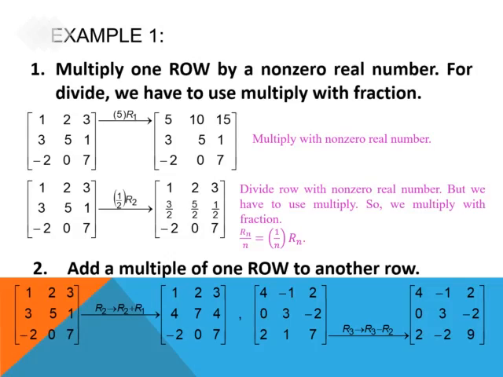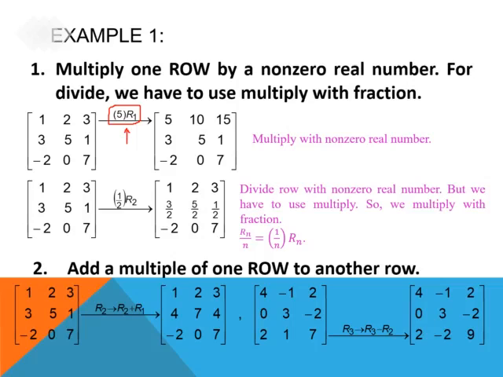This is the example. First one is we multiply one row by a non-zero real number. So this is how you write down the operation. First, you have to draw the arrow, and this is the operation. The arrow, we must put it in row number 1 because row number 1 will change to new entries.